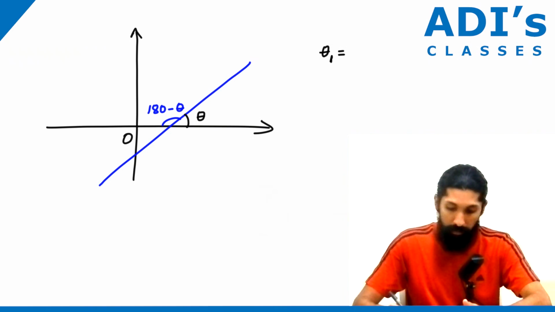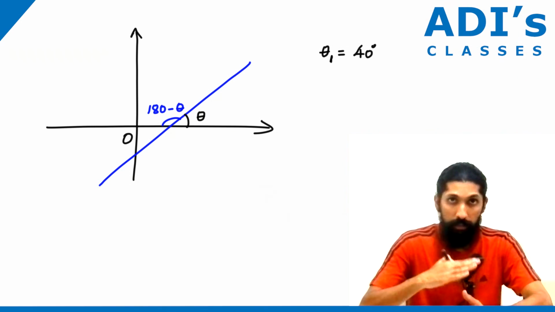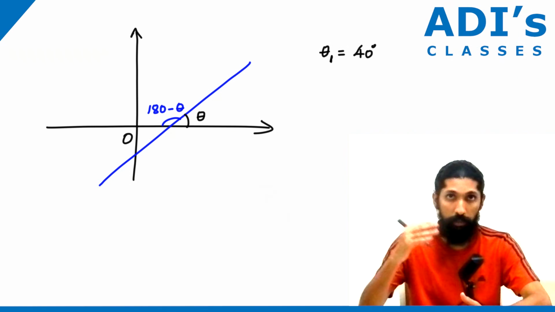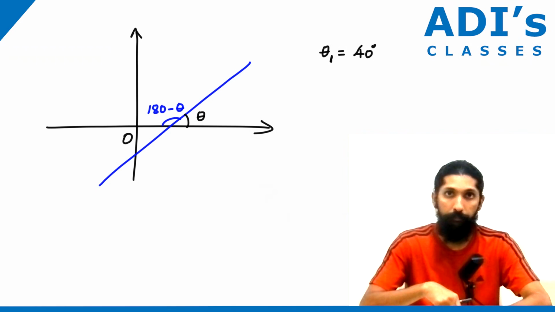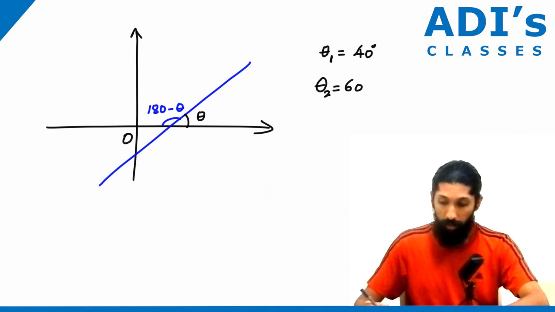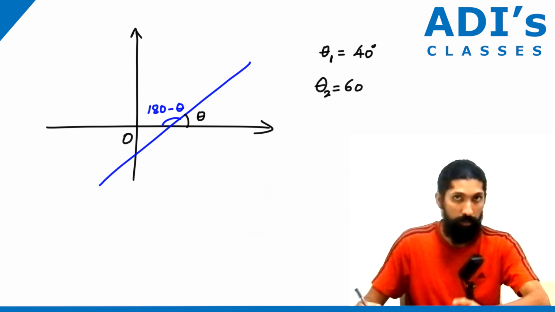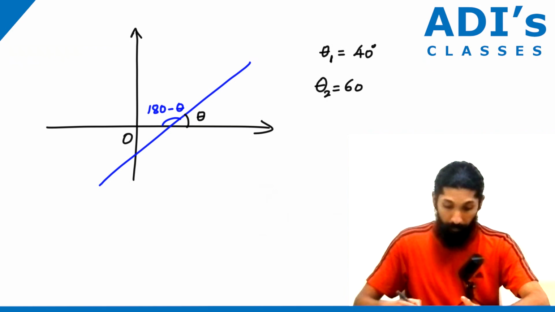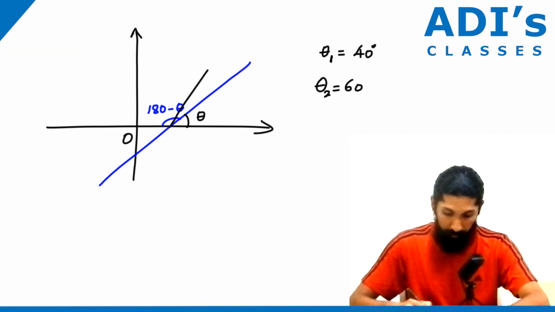Say theta 1 is equal to 40 degrees. The line is in a particular orientation with respect to the x-axis, correct? Suppose the theta value changes to 60 degrees, then what happens? The same line changes its orientation, correct? So the same line will change to something like this.